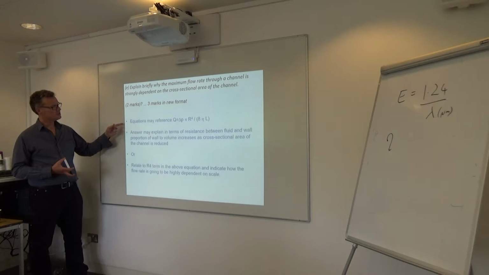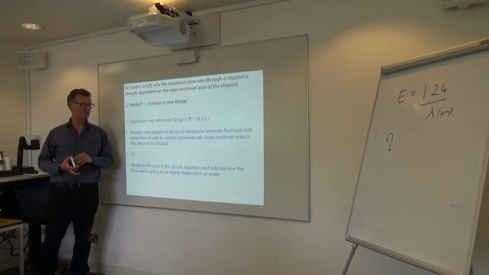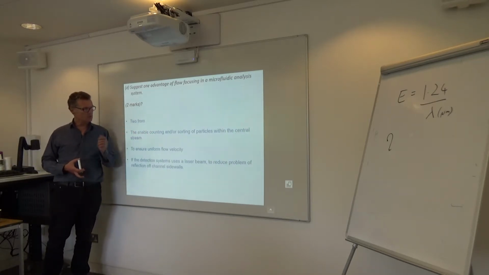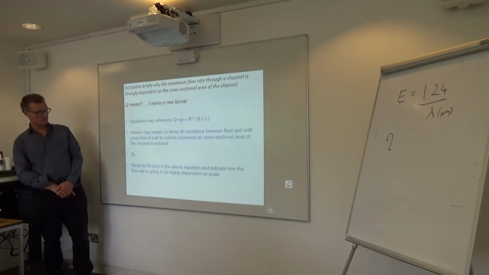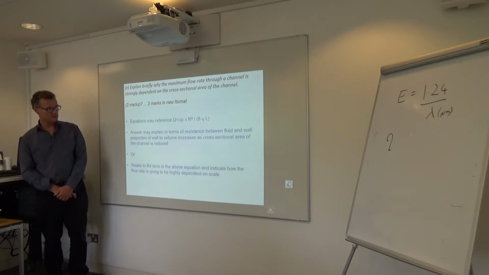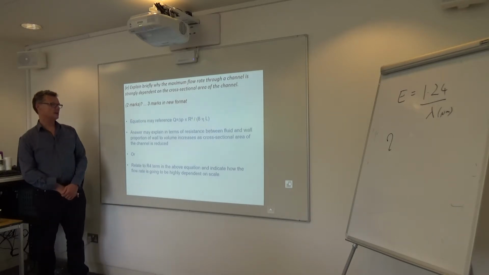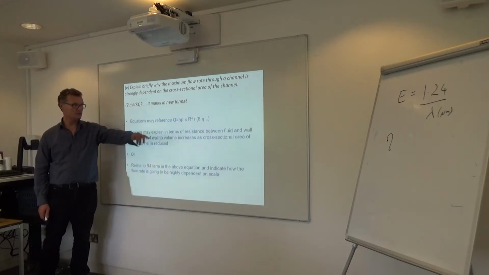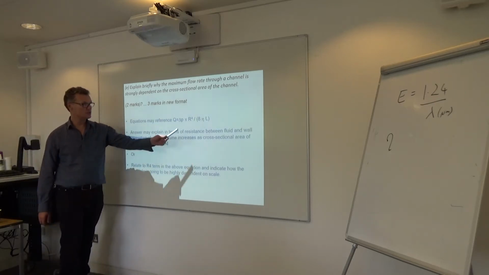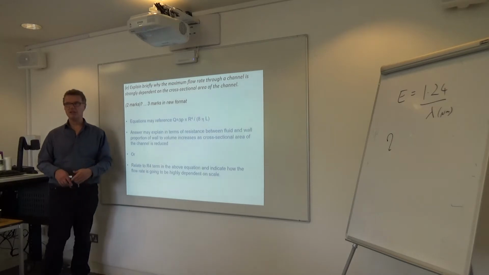You could be talking about the flow rate being dependent upon the pressure difference, the radius of your tube, divided by the viscosity of the flow and the length of the tube that you're trying to push the flow down. So you can reference that equation as part of your answer, and then say that the flow rate is going to be dependent upon the radius to the power of 4, and then say maybe double.